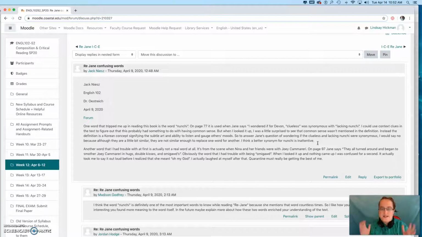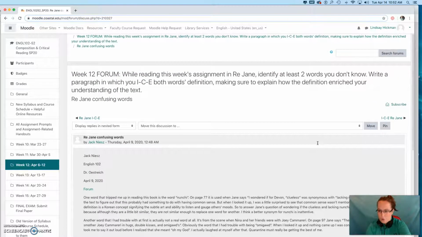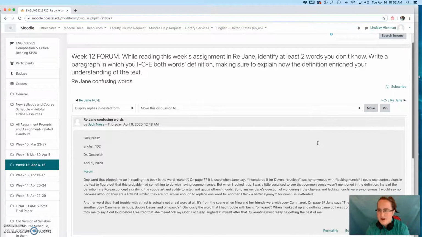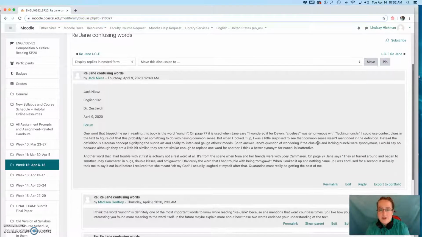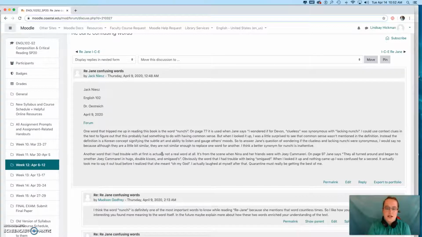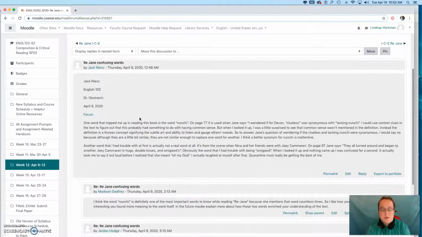I know that this forum said that this was going to be about Red Jane, but make sure in your actual assignment you put one word that tripped me up in the novel Red Jane is the word nunchi. On page 77, it is used when Jane says, continue on.